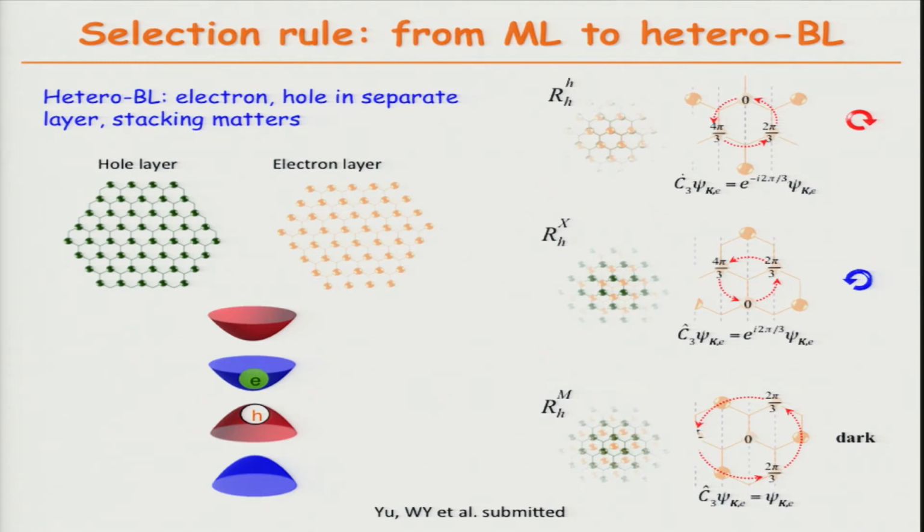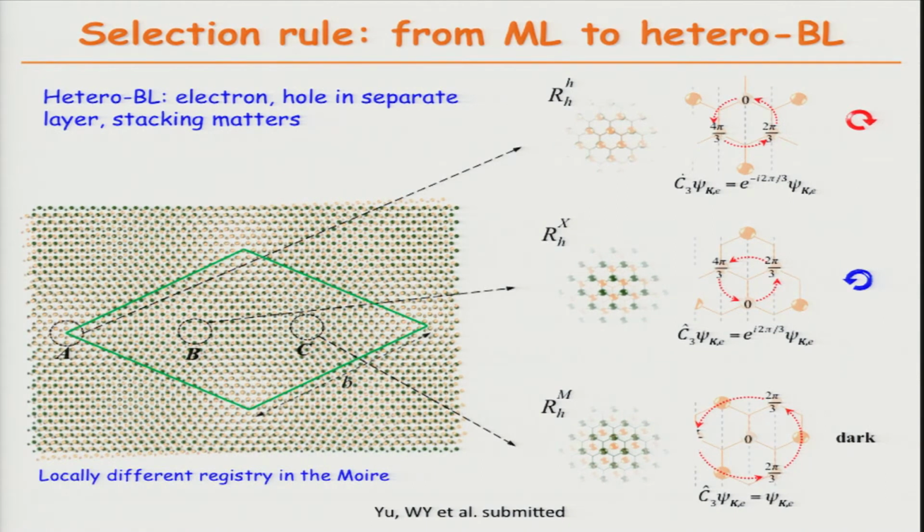And in this stacking, the conclusion is that the electron-hole pair cannot recombine because it is not allowed by angular momentum conservation. And then in the Moiré pattern, we know that different locales of the Moiré correspond to different local stacking order.